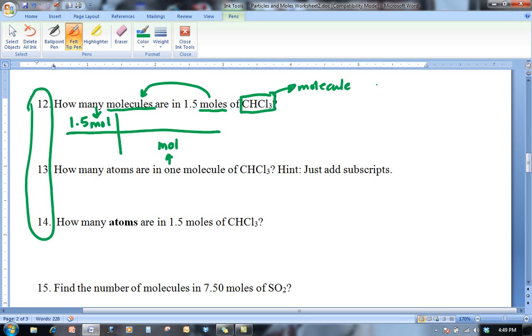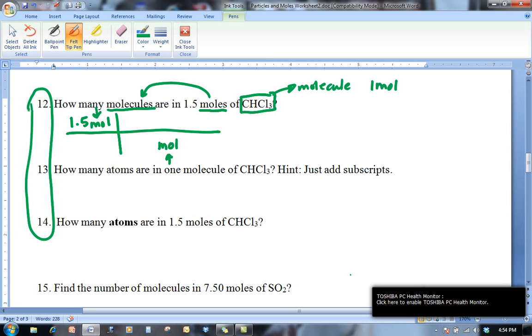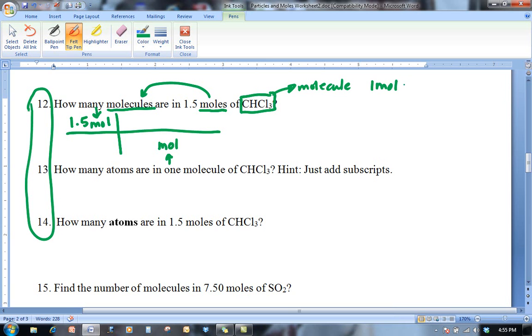What I know is that 1 mole of something is equal to 6.02 times 10 to the 23rd things. So in this case, it's equal to molecules.